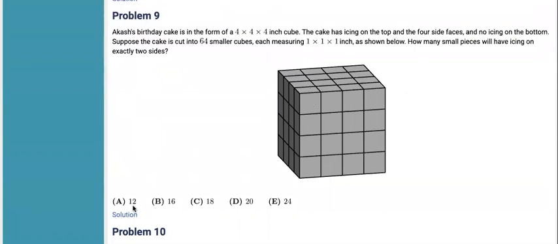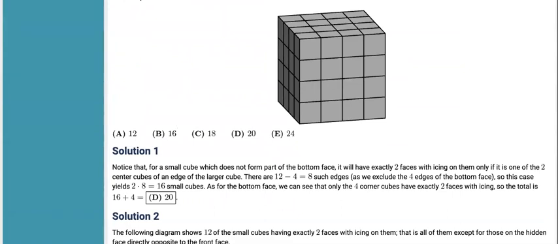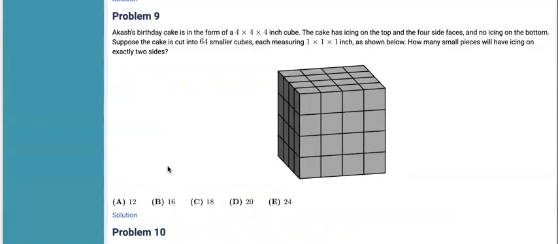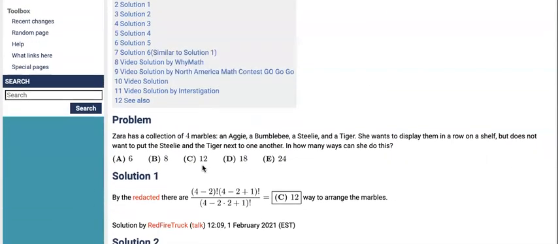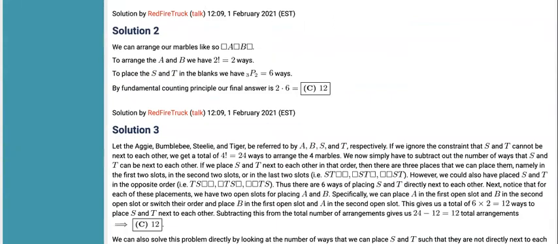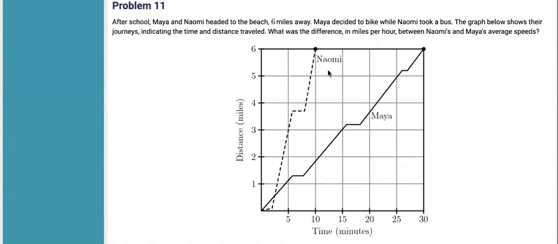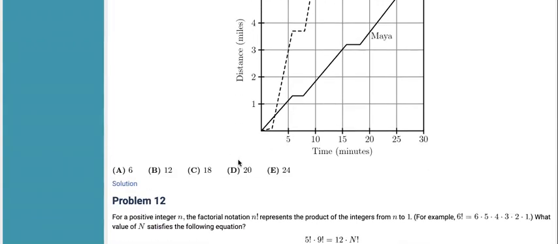We counted this one, we said 20. Yep. Problem 10, this one we said like C12. The Steel Tiger. Yes. Problem 11, this one I think we said 24 because 36 minus 12, I believe.